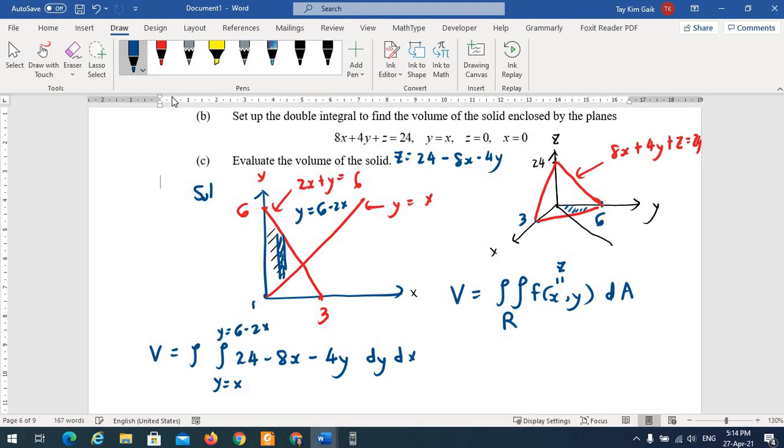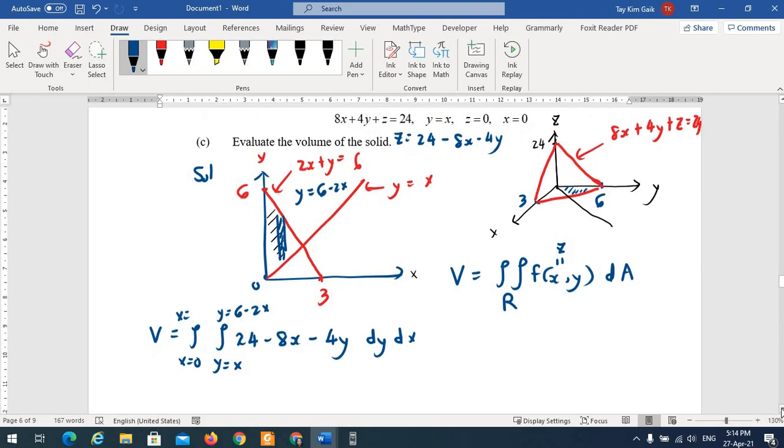x is actually from 0 up to this intersection point. So what is x here? You have to solve the two equations 2x plus y equals 6 and y equal x simultaneously to get the intersection point, or the upper limit of x.